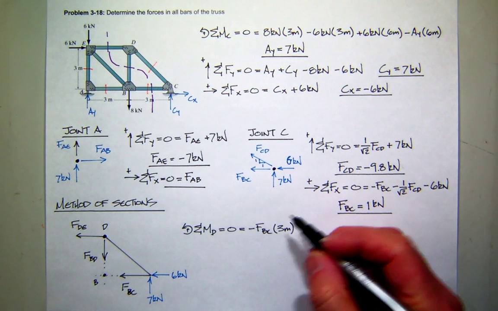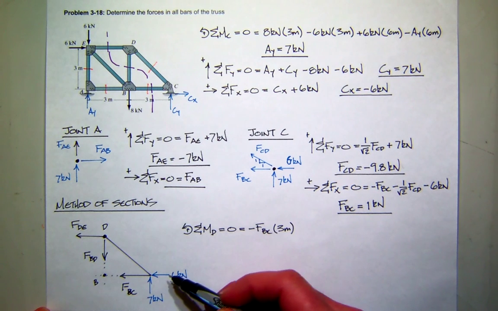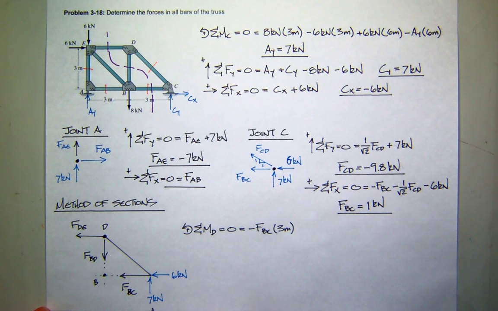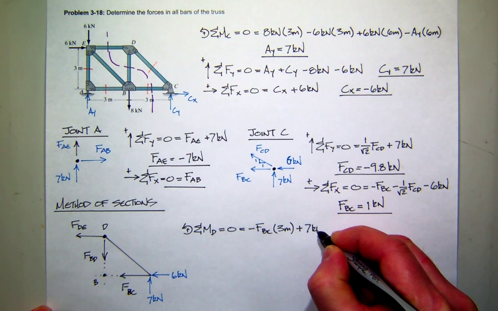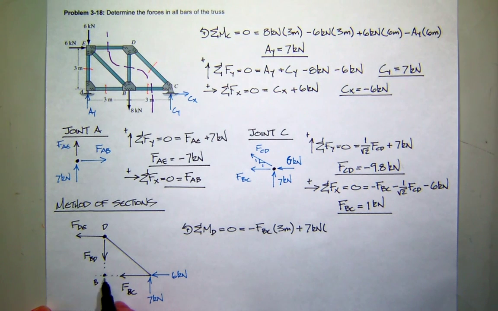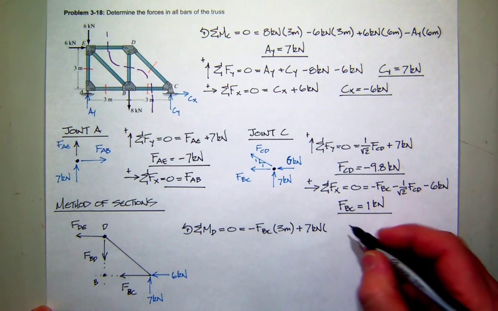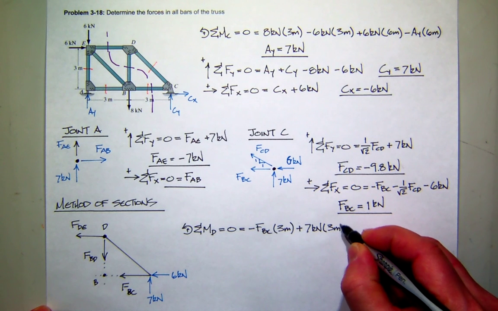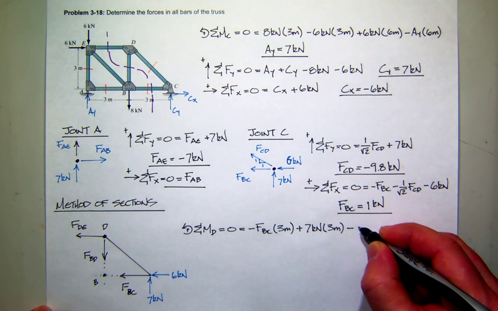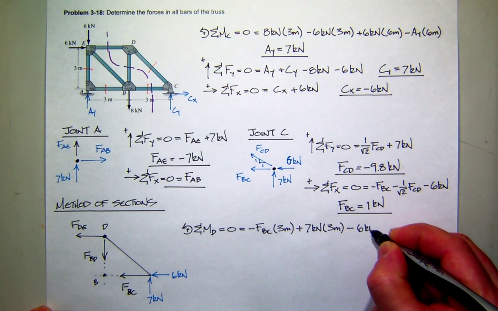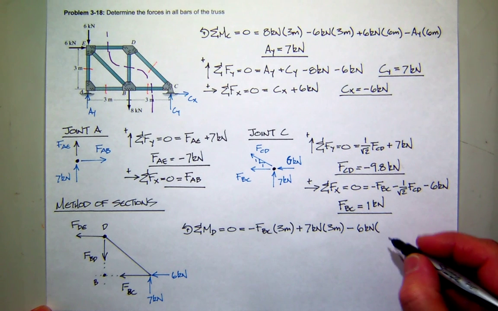What else do we have? The two applied forces. The 7 kip creates positive moment. I'm sorry, I keep saying kip. The 7 kilonewton force creates positive moment with a moment arm of 3. And the 6 kilonewton force creates negative moment with a moment arm of 3.